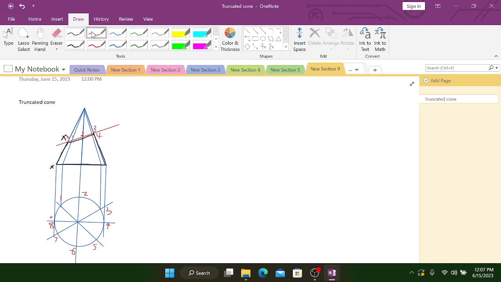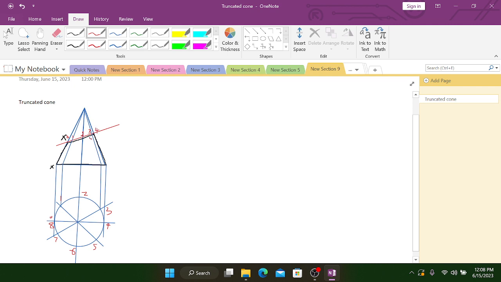We don't need 4. I'm going to take this one as 5. Here, this one is 3. And this one is 4. The corner one is 4.